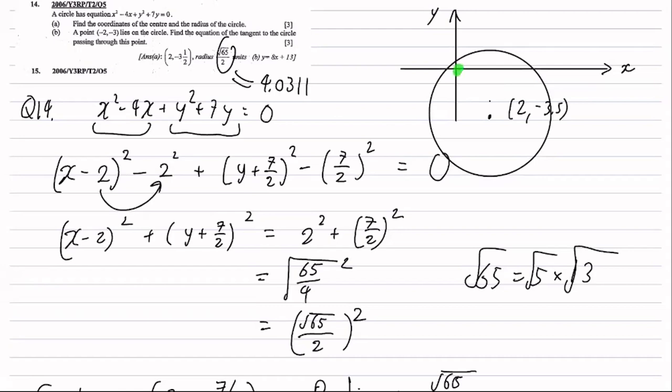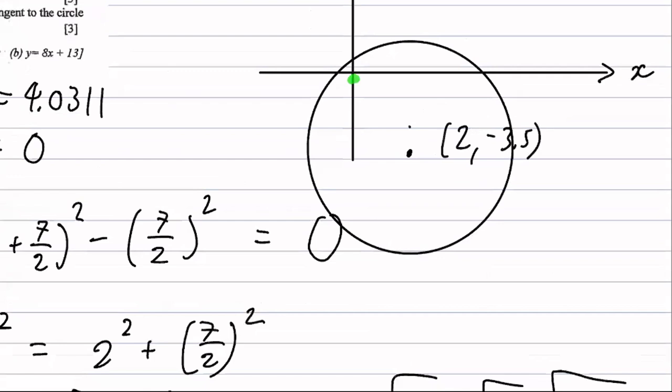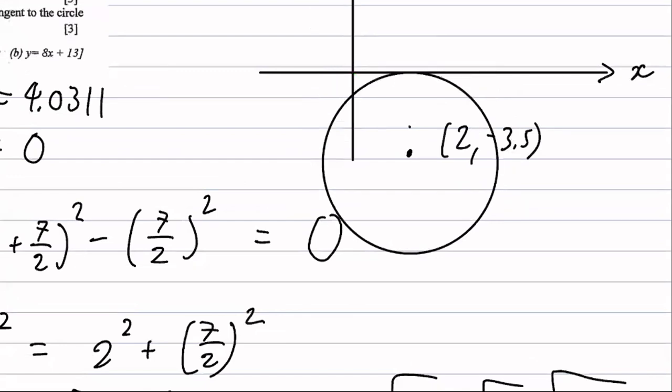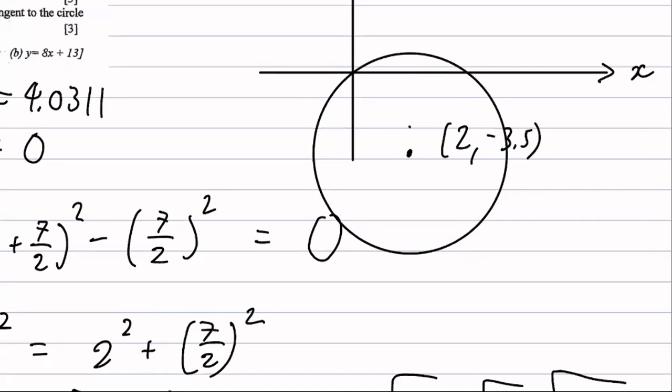Question, is the origin inside the circle, on the circumference, or outside the circle? Inside. How do you check? How do I know for sure? What if I never draw correctly? Maybe it's a bit smaller, like this. Or is it exactly 2, or is it plus, bigger?